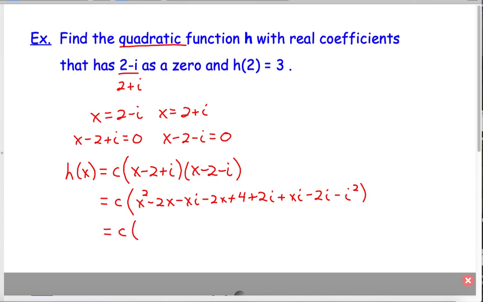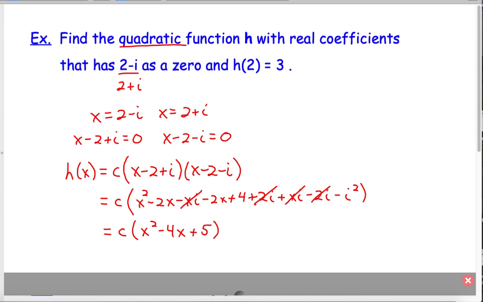I only have one x squared term. I have a minus 2x and a minus 2x, so I have a minus 4x. I have a minus xi that cancels with the plus xi. The positive 2i and negative 2i cancel. Minus i squared is minus a negative 1, so plus 1 plus 4 is plus 5.